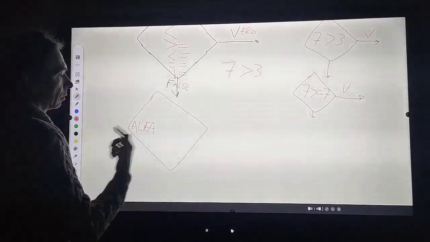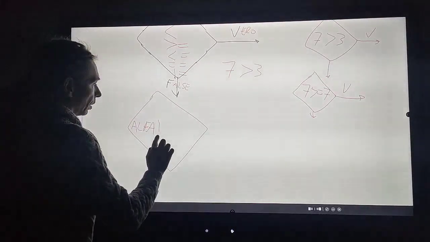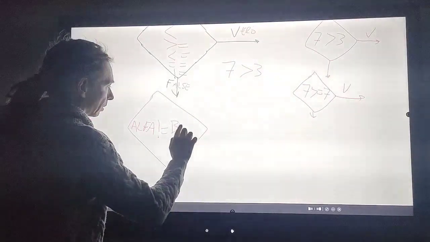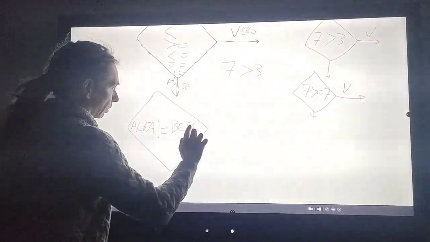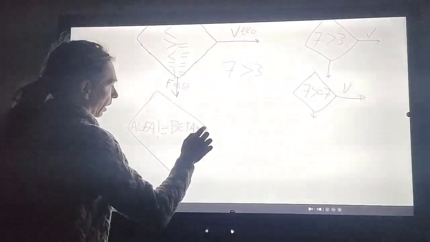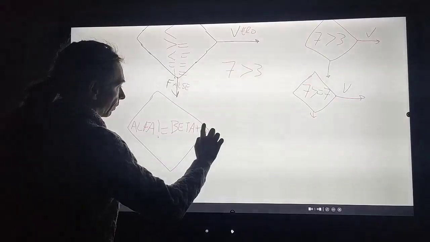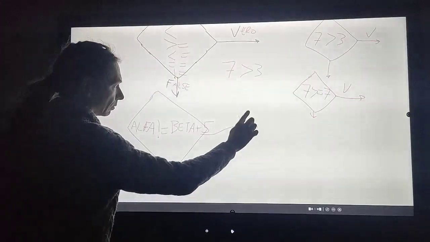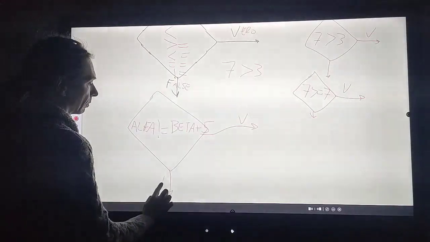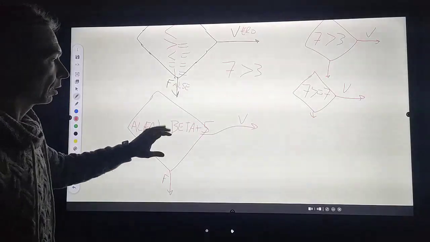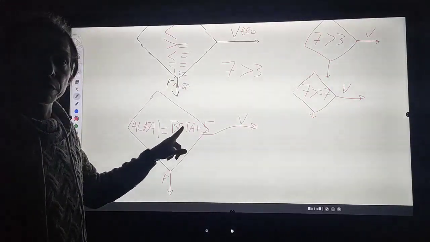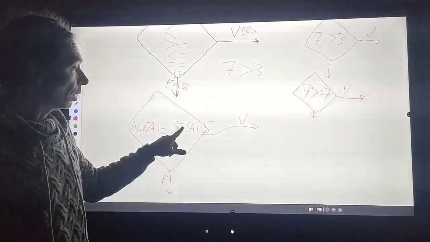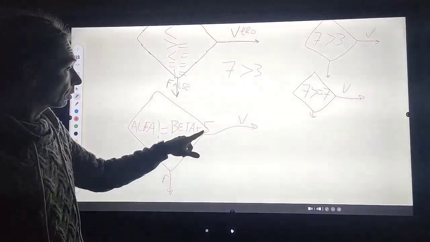Alpha not equal beta plus 5. The droid will look for beta content, will do the math, will do the expression.